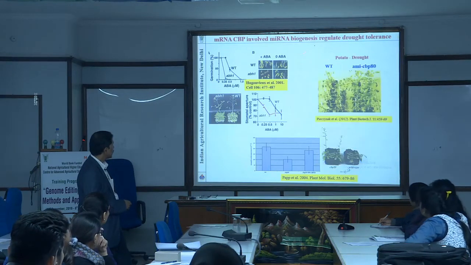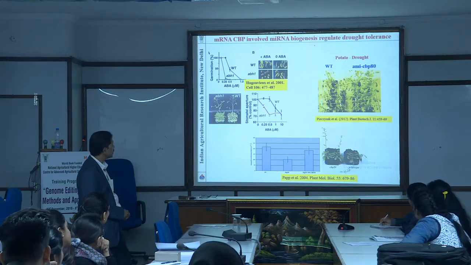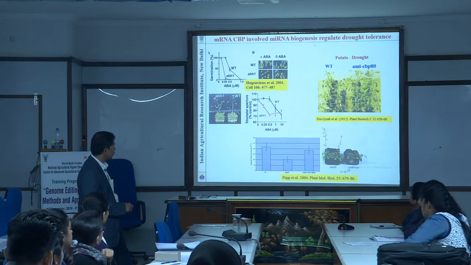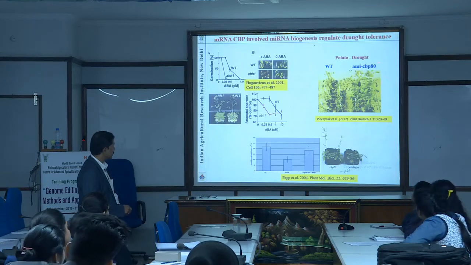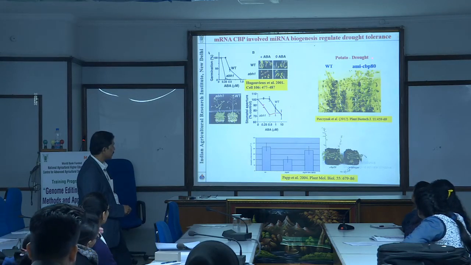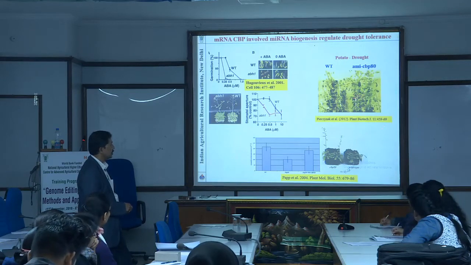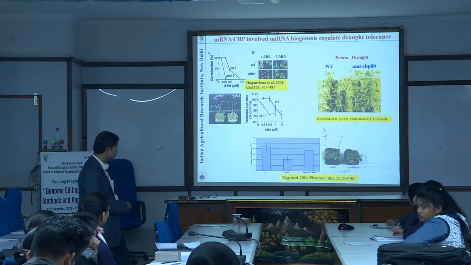We are also working with cap binding proteins, which are involved in mRNA processing and also in microRNA biogenesis. There are two important cap binding proteins, cap binding protein 80 and cap binding protein 20. When there is a mutation in these proteins, the plants perform better under drought stress conditions. So we are also working with these genes in rice.